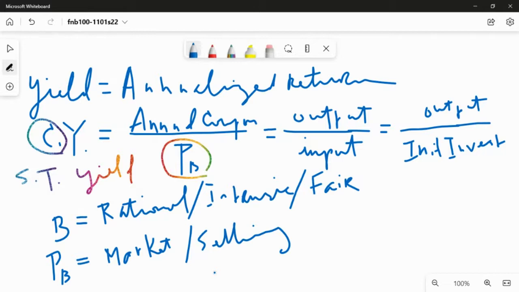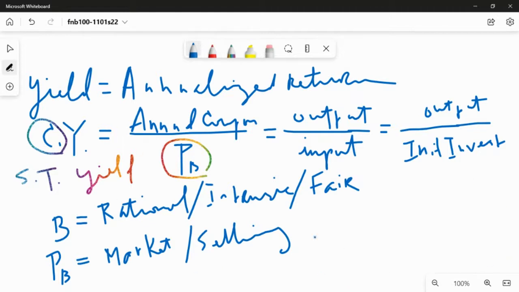There's nothing else. And think about it, there's no unexpected capital gains or capital loss in the case of a bond. In the case of stock, there can be unexpected capital loss and capital gains, but in the case of a bond, capital gains and capital loss are quite obvious.